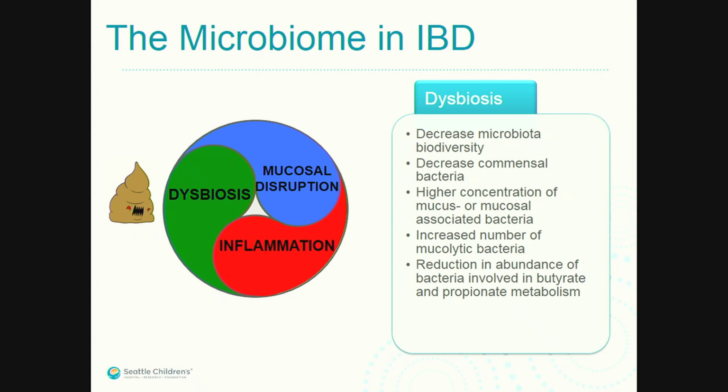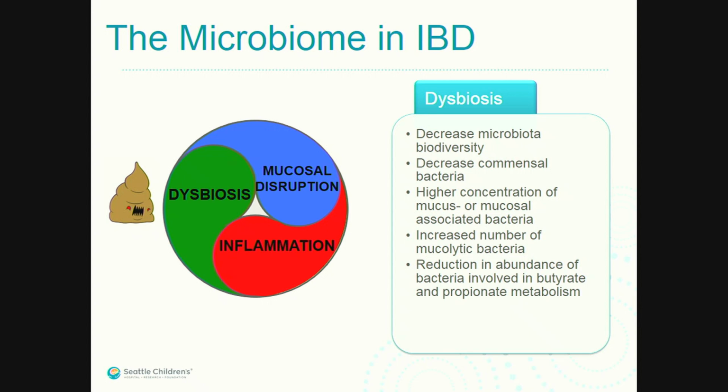In IBD, you get decreased biodiversity. So the number of species within an individual's bowels is decreased substantially. You get decreased commensal bacteria. You get a higher concentration of mucus and mucosal associated bacteria. And this is an important point, again, because that mucus is that barrier that keeps the vast majority of bacteria away.